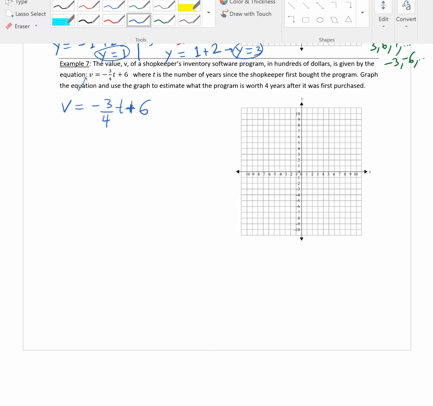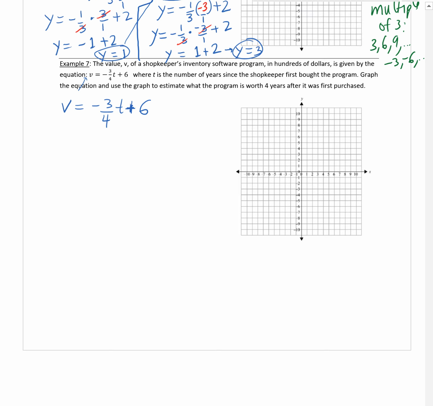But in this problem, they're using v and t because this is a real-life situation, and v and t represent something in real life. All right, in this example, they say the value v, that must mean that this v in this equation represents the value of a shopkeeper's inventory software program in hundreds of dollars.